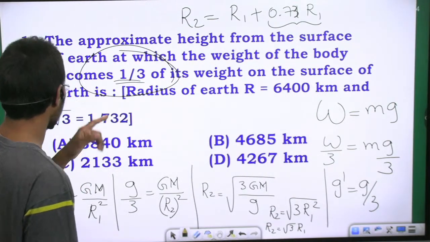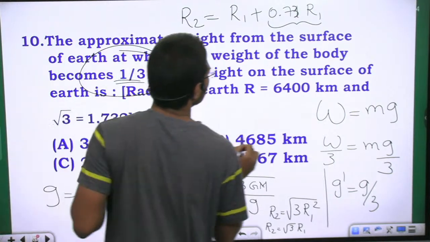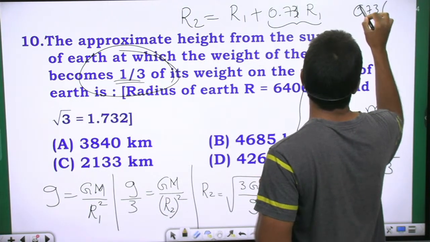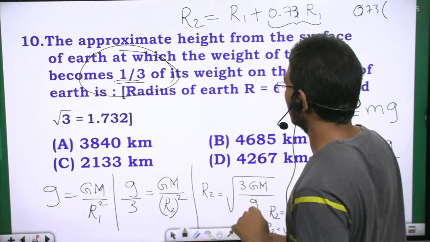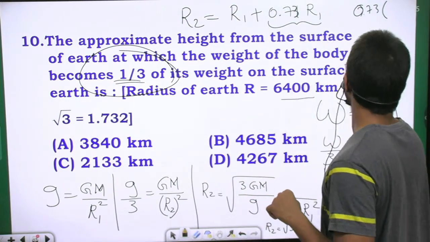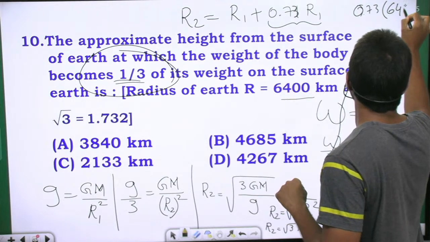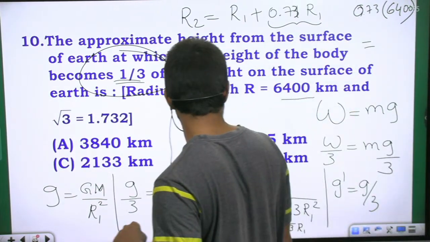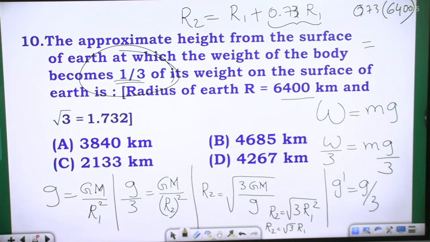So 0.73 R1. What is this R1? 6,400 kilometers. So if you try to solve this, you get 4685, I guess. 4685, right?